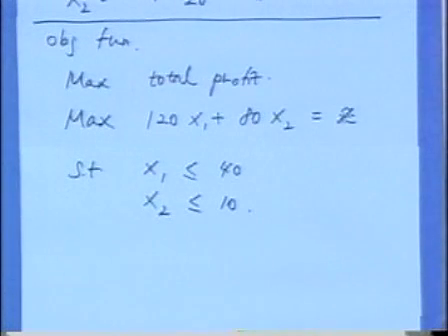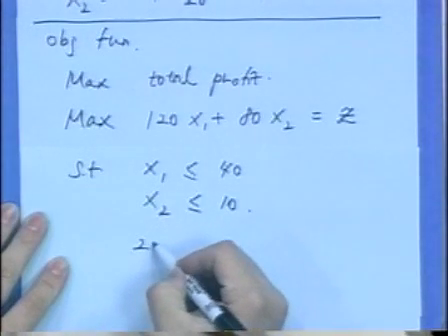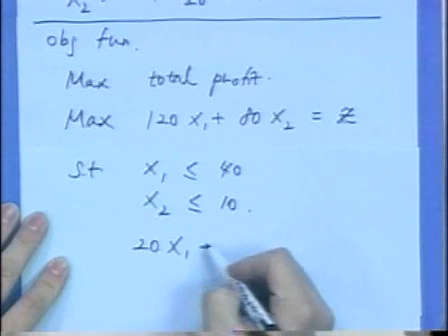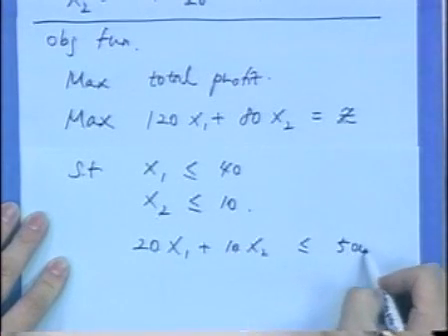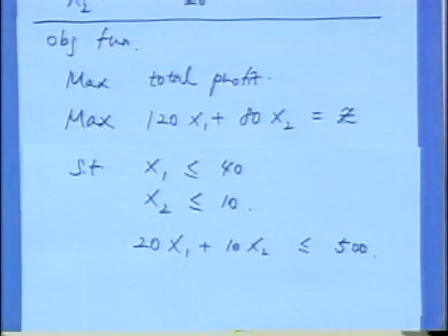And another constraint that we need to consider is about the working hours availability, right? It's going to be 20 times x1 plus 10 times x2. It's less than equals 500 working hours, right?